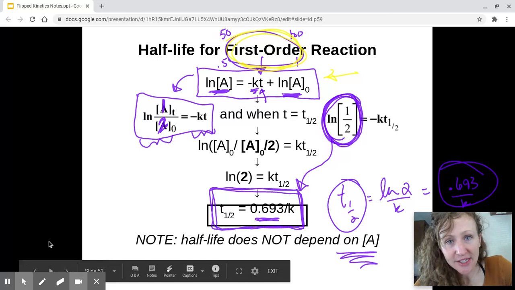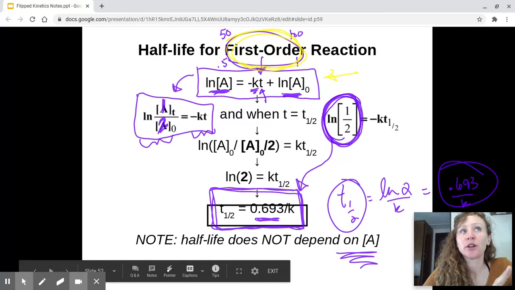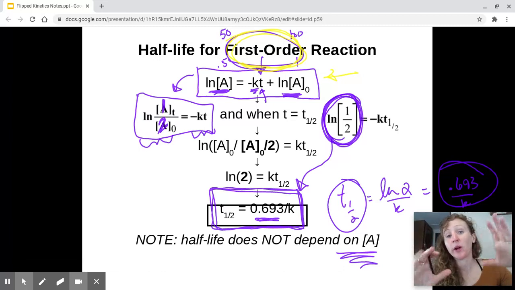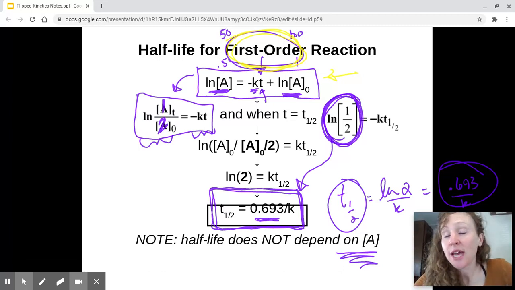In contrast, if we look at zero order reactions and second order reactions, and we walk through the same thing, what you're going to see is that those half-life equations actually are dependent on the concentration. So let's say initially you have 1 mole of your reactant, right? And your half-life is 5 seconds. Well, as soon as your initial concentration changes, your half-life's not 5 seconds anymore.